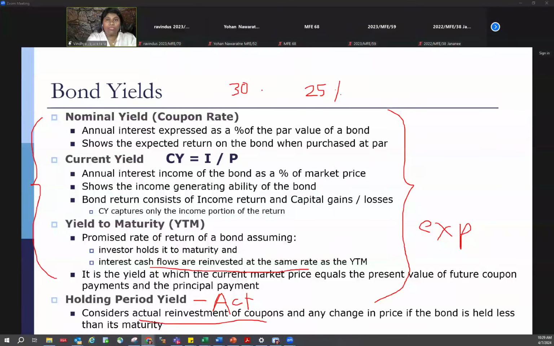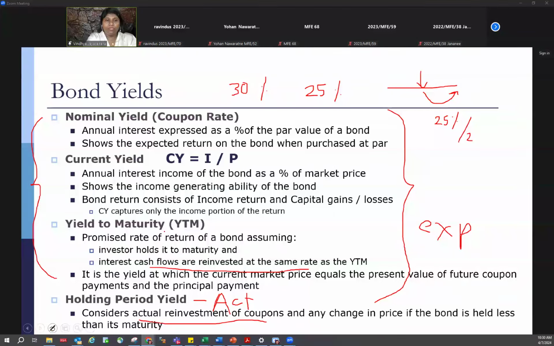The calculation assumes that when we get a coupon, it is reinvested at the same 25%, divided by 2 because it's semi-annual. But today we can never reinvest a coupon at 25%. So the actual reinvestment of coupons will be lower, or it can be higher, depending on the period we're looking at.